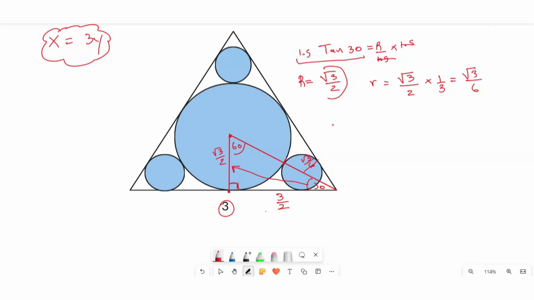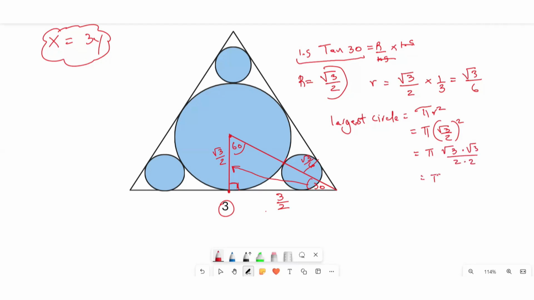So the largest circle, let's go. Remember, the area is pi r squared. So pi is pi still. R is going to be root 3 over 2, and all I'm going to do is square that. So I'm getting pi times root 3 times root 3 over 2 times 2.